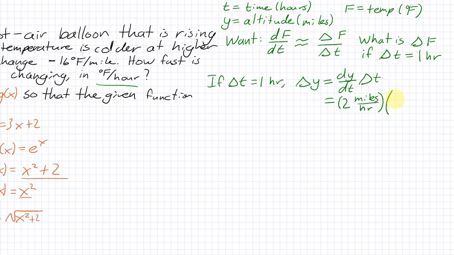So we're doing 2 miles per hour times 1 hour. So of course you just go 2 miles. So yeah, in 1 hour you go 2 miles up. That makes sense. Now what is the corresponding change in the temperature, which is the goal here?